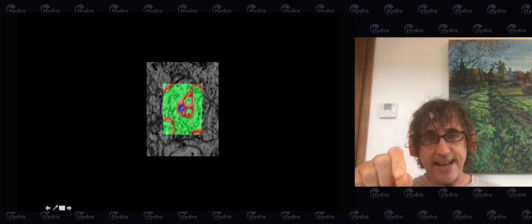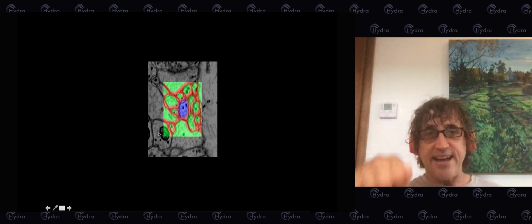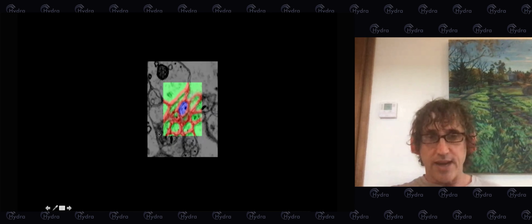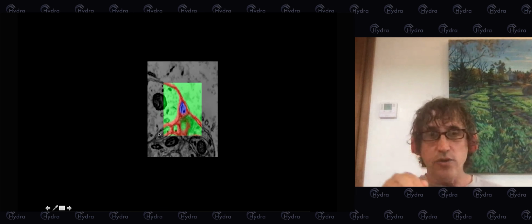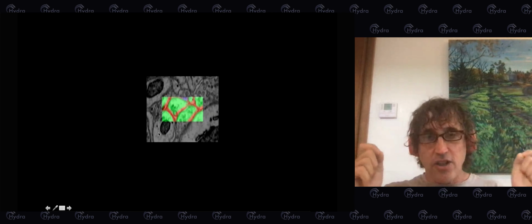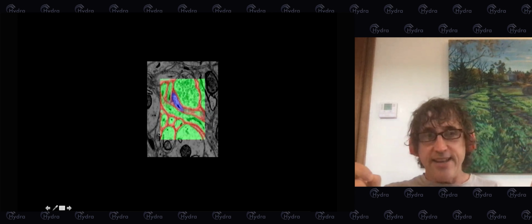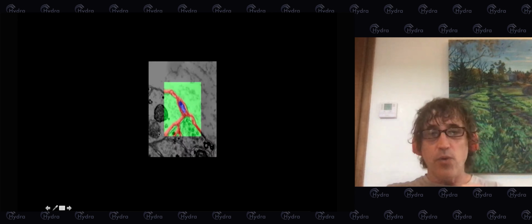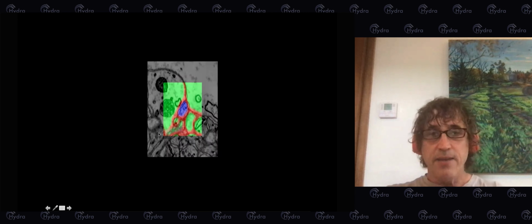It tracks this axon through slice after slice after slice of brain, enabling us to do a reconstruction of what this axon looks like. What it's doing is mimicking what people would do by hand, but with a machine.